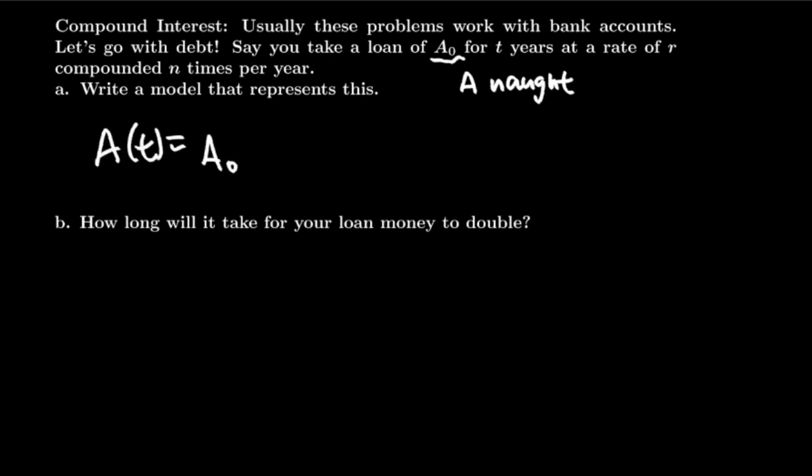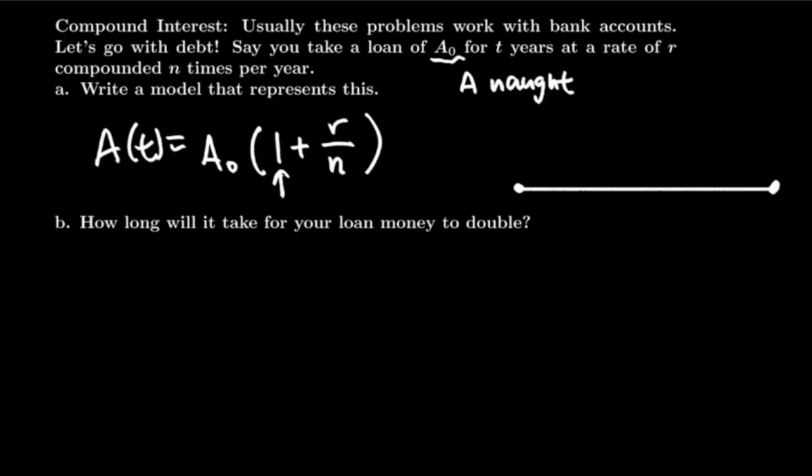Okay, so we take the original amount, and each time it gets compounded, something happens. So this is going to be a little bit different than the bacteria thing. Let's look at the logic behind this. Each time there's compounding, we take the rate and divide it into n different pieces, because the rate happens the entire year.